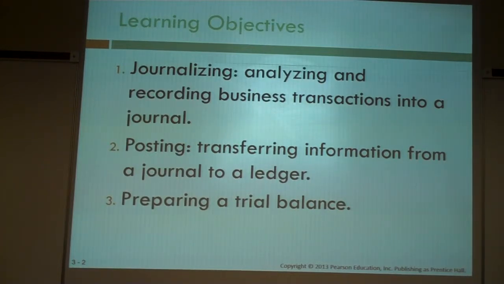It's very similar to what we did with the T accounts. But when we had the T accounts, and we had numbers on the left side, numbers on the right side, we had to add everything up, and then we had to foot those totals so that we knew what the ending balance was in the account. What if we had to do that every time we wanted to know how much was in each account?